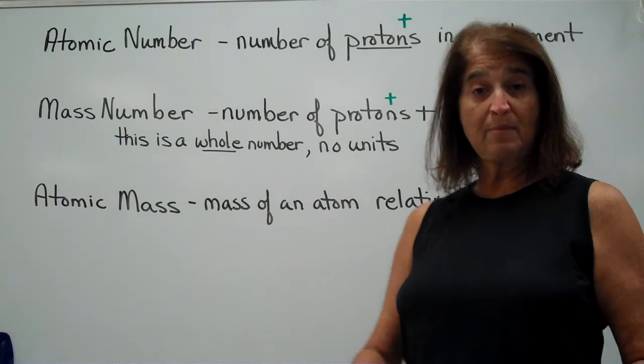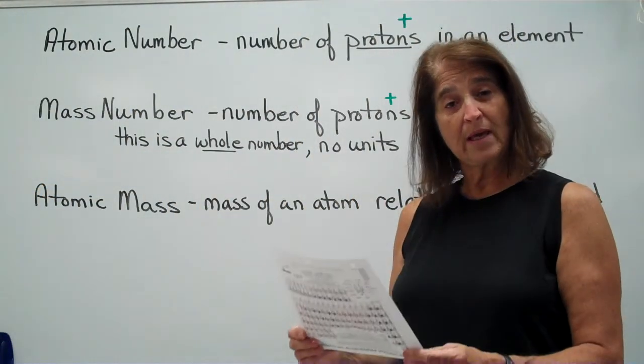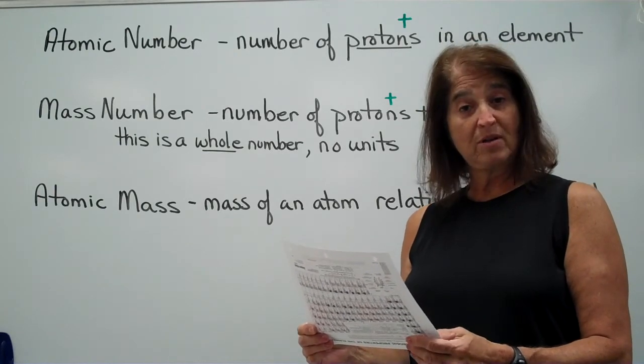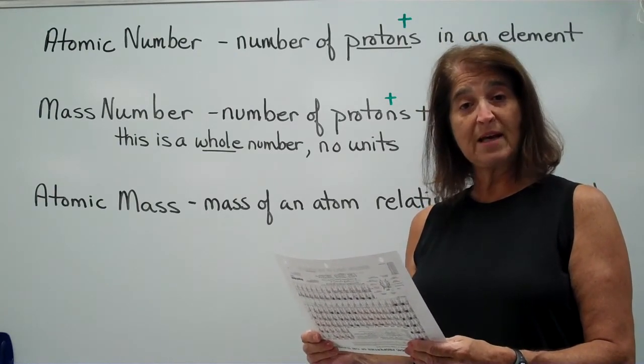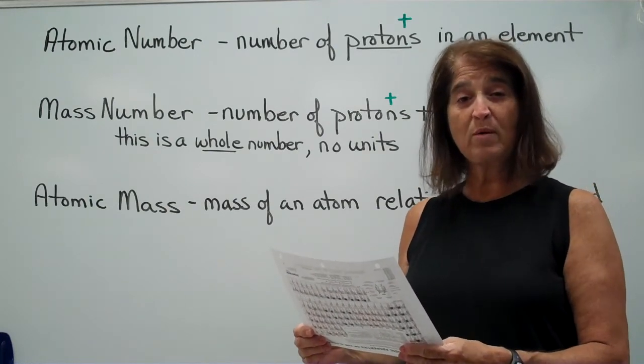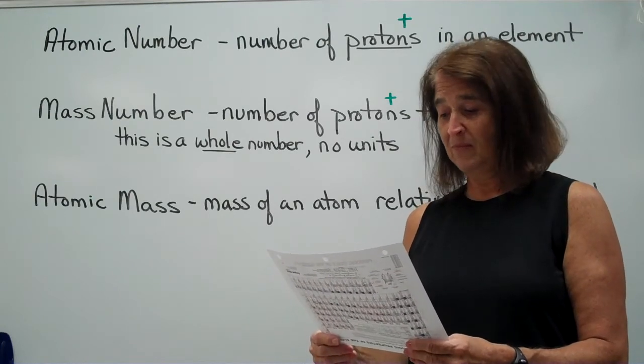If you're looking at a periodic table, and you're looking at certain atoms on the periodic table, hydrogen, the first element on the periodic table, has an atomic number of 1. It has 1 proton, and the neutral atom has 1 electron.